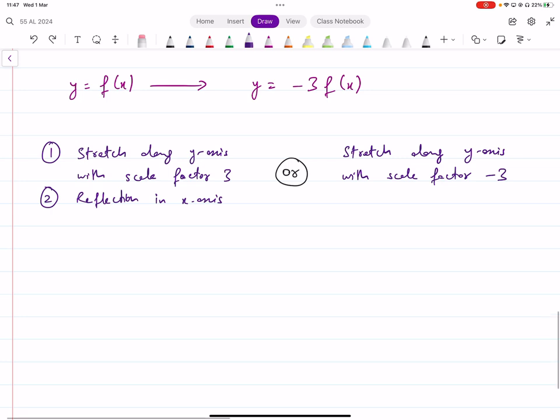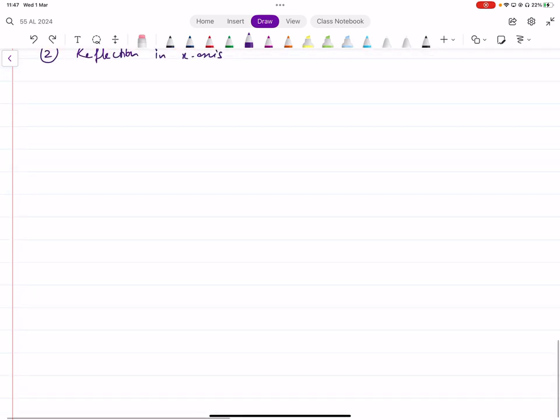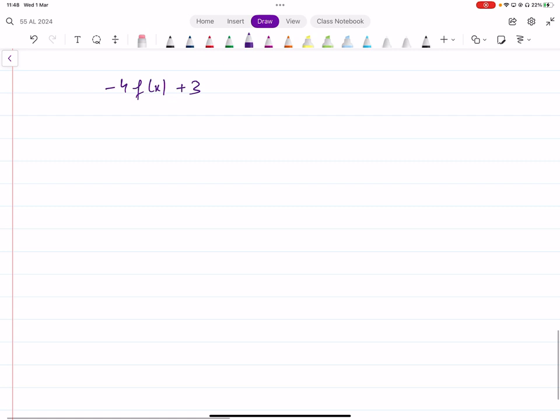What if you have something like this? What if you have 4 minus 4 f of x minus 3 or plus 3? What is happening here? You have reflection, stretch, translation, all three of them. What if you have f of minus 5x plus 8?